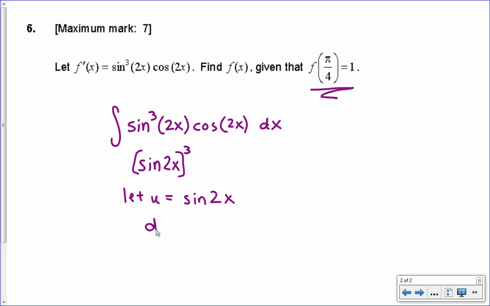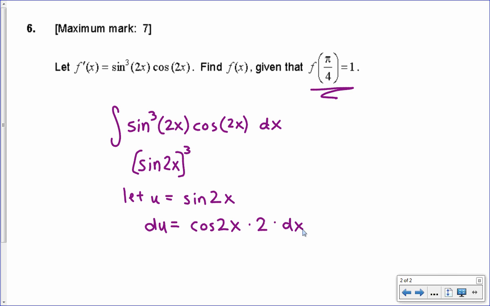du, therefore, which is the derivative of whatever I've just defined u to be, is going to be cosine 2x, right, because the derivative of sine is cosine, times 2, because it's the chain rule, and the derivative of 2x is 2, times dx. Always have to put that dx when we're doing du.